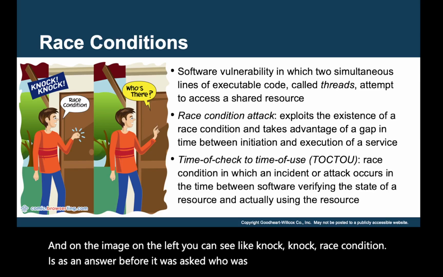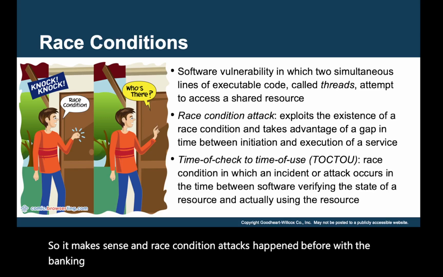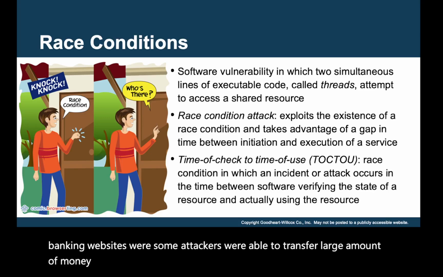So it makes sense, and race condition attacks happened before with banking websites, where some attackers were able to transfer large amounts of money because the server side of the bank was not able to identify this race condition attack.